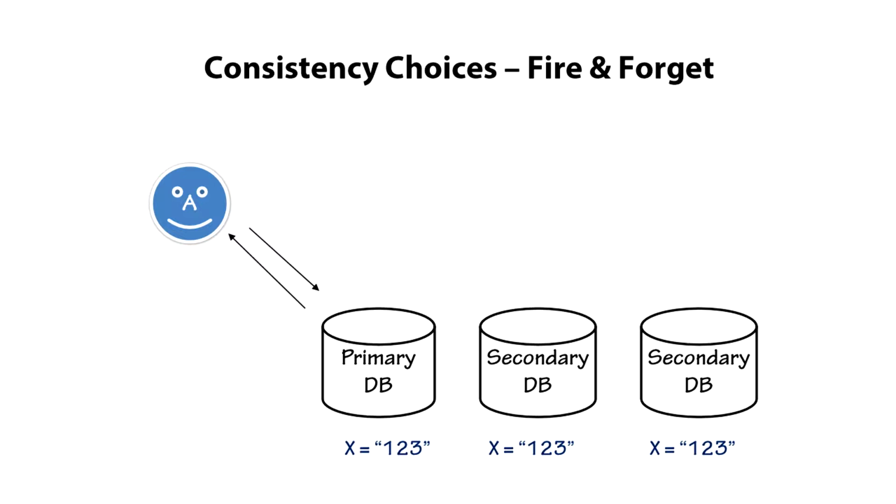Let's say an update comes from A, and it delegates to the primary, just fire and forget. Then before it gets updated to the secondary, it responds to the user. So that means there is a possibility of lag.